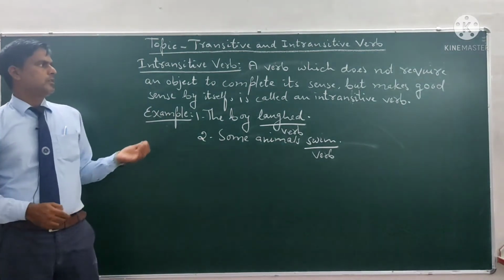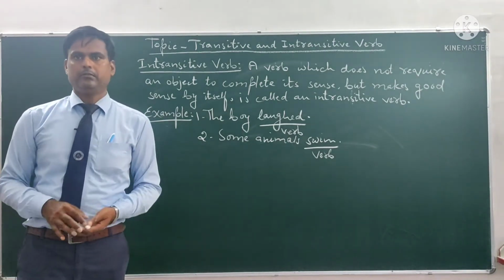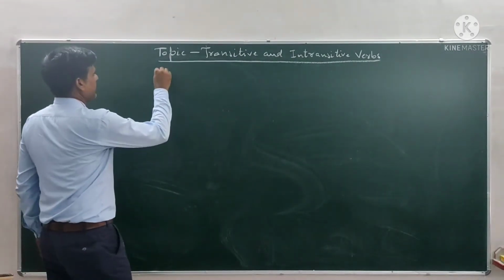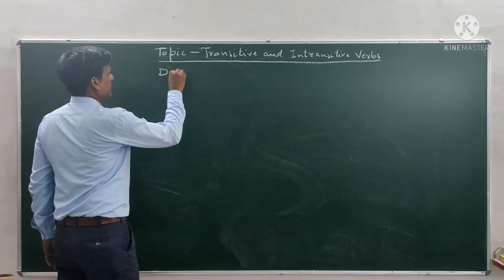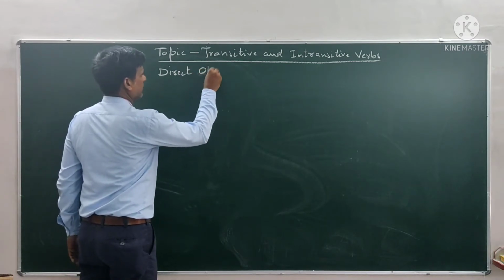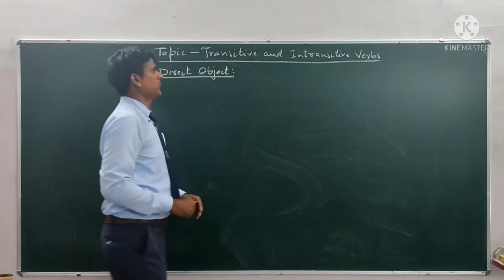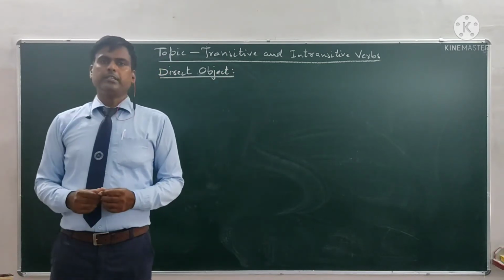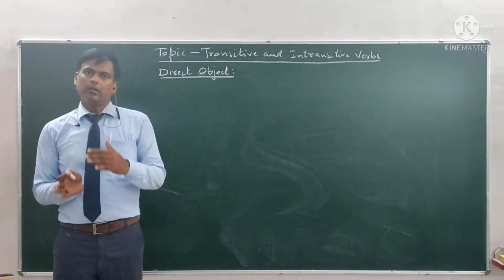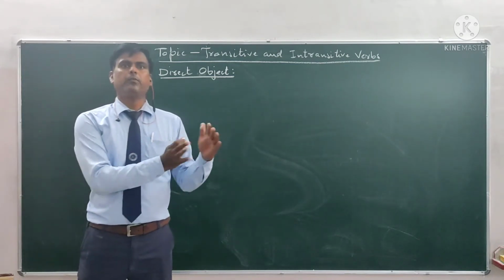Now let's see a few more things related to this chapter. Now, let us see the direct object. What is direct object? The non-living things are called the direct object. They are directly affected by the verb.